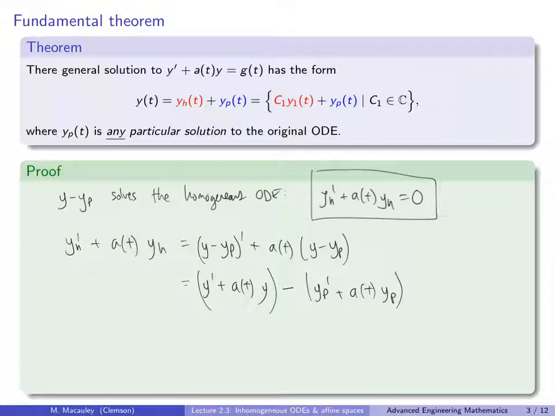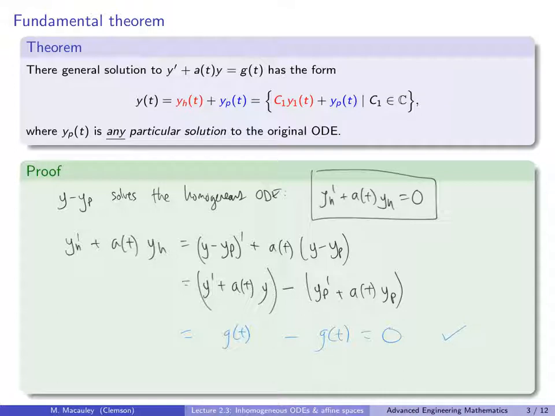And now look at this. This is a general solution, so if we plug this into the original ODE, we get g of t. So this thing here is g of t. And this is any particular solution, so if you plug this into the original ODE, you also get g of t. So this is g of t minus g of t equals 0.